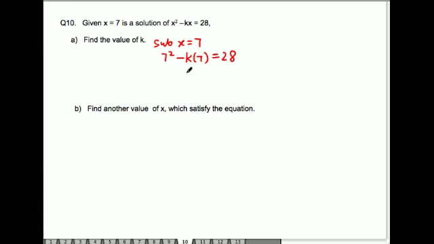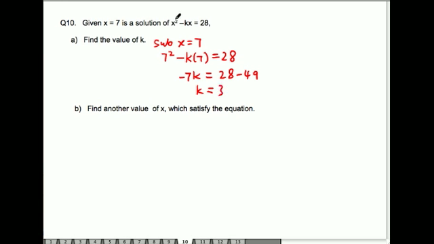And that gives us 7k equals 49 minus 28, and k equals 3.